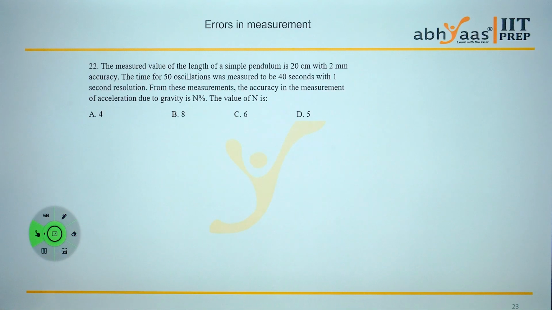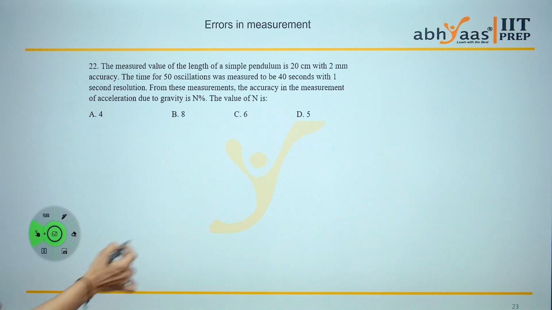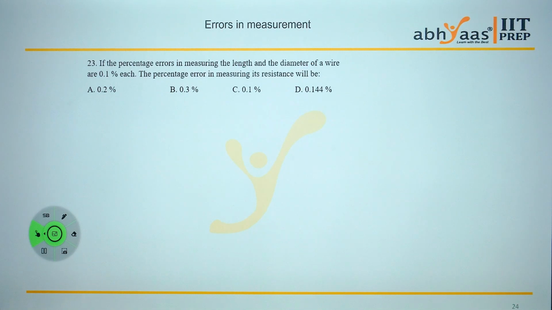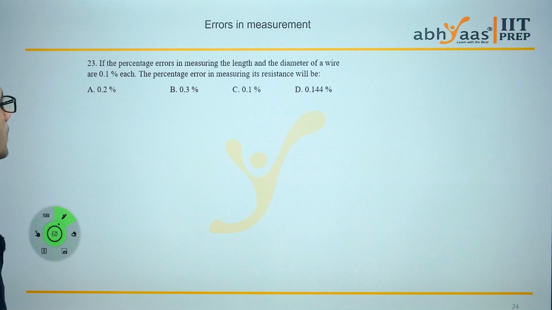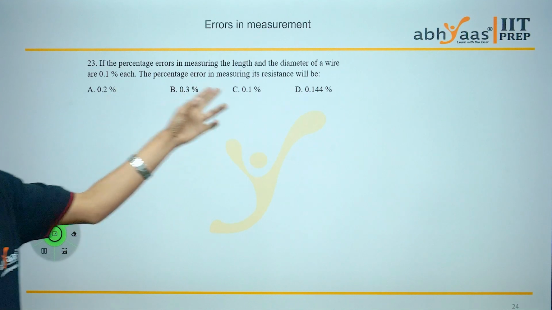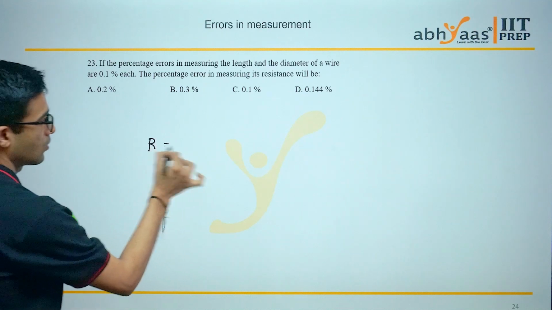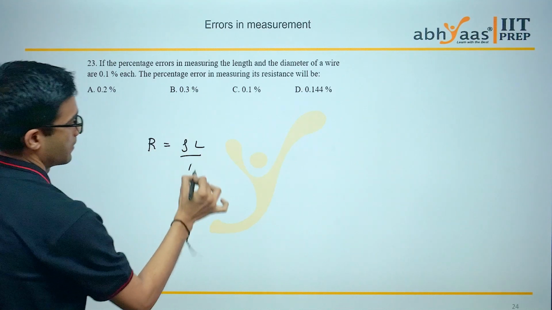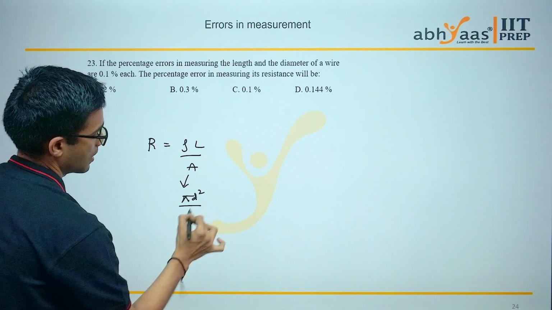Now, you can observe there are many questions related to errors in measurement. One more problem is the same expression given in another shift. If the percentage errors in measuring the length and diameter of the wire are 0.1, then what is the percentage error in measuring its resistance? Again the same formula, R equal to rho L by A. Area is pi d square by 4 because it's a circular wire.